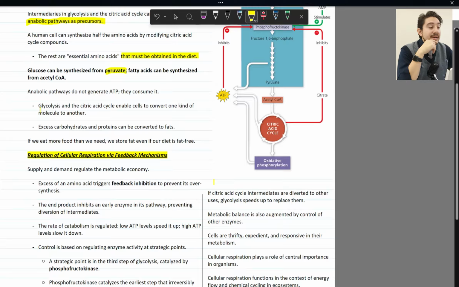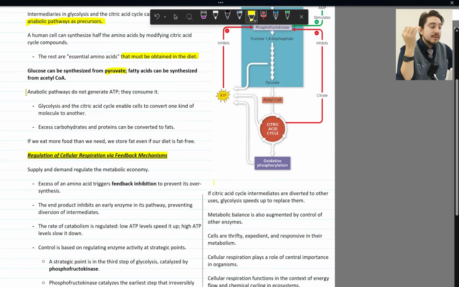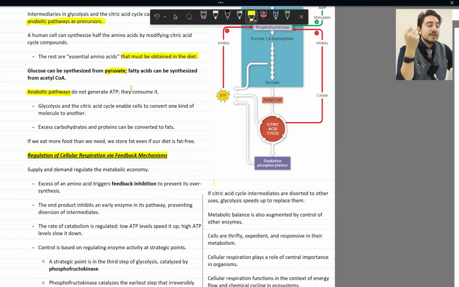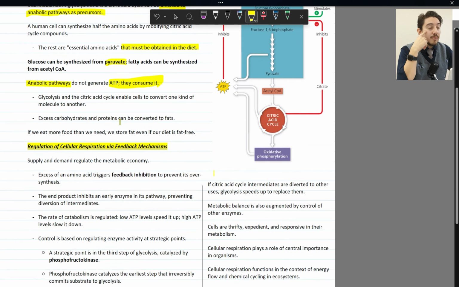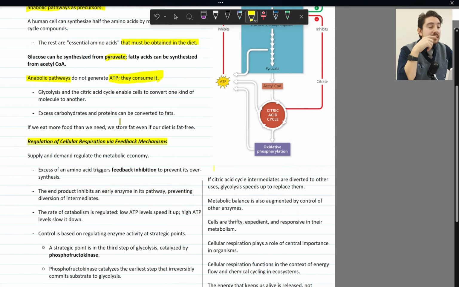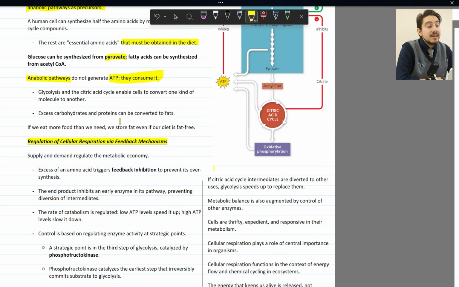Anabolic pathways do not generate ATP. Of course, you're creating more and more complex molecules, so you're going to have to use ATP, right? They consume ATP. So glycolysis and the citric acid cycle, Krebs cycle, can enable cells to bounce around depending on the needs of the cell.